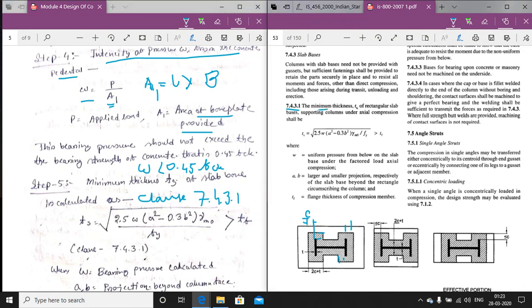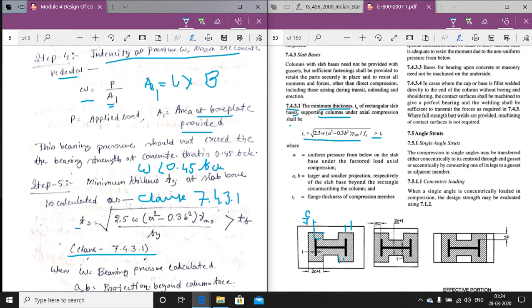The minimum thickness TS of a rectangular slab base supporting a column under axial compression load will be equal to that value. It should always be greater than TA. Clause 7.4.3, it is specified here also.